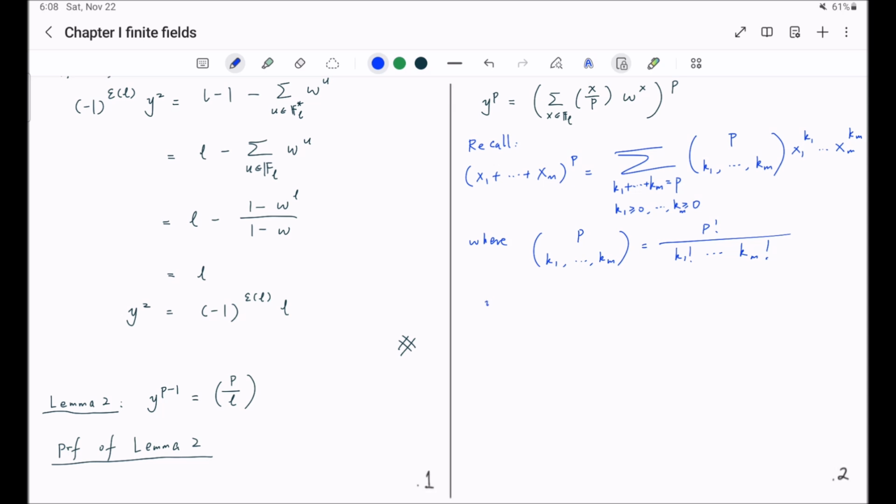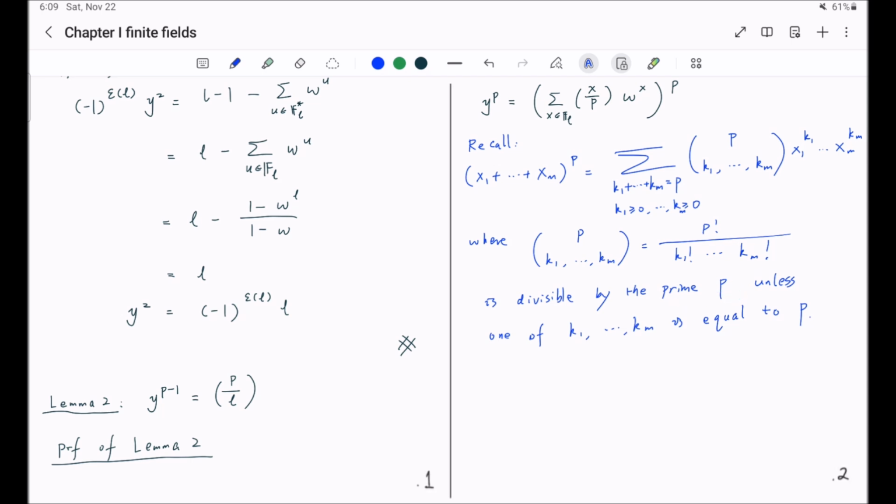And this guy is divisible by the prime p unless one of k1 through k_m is equal to p.